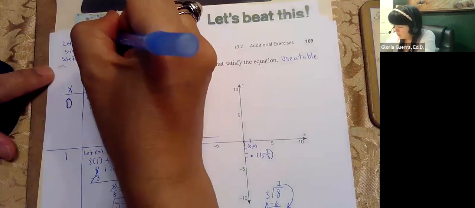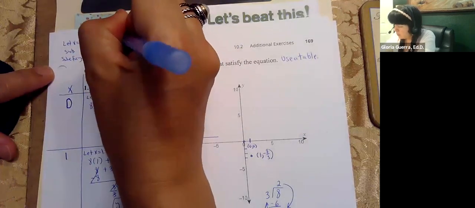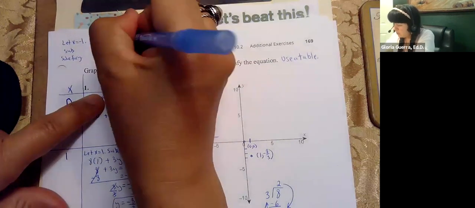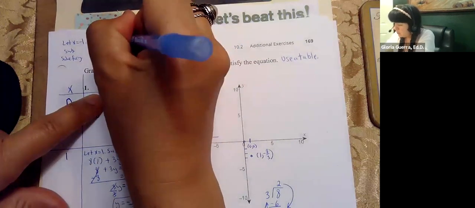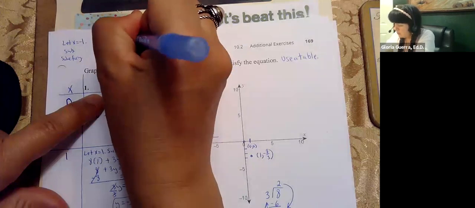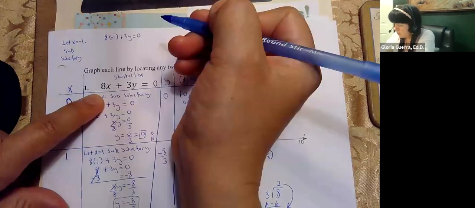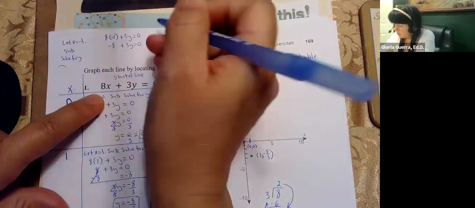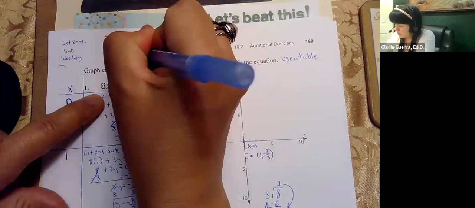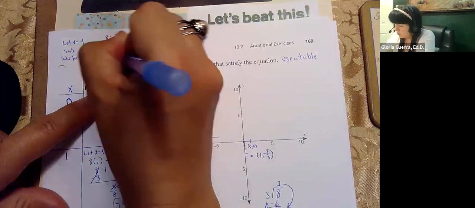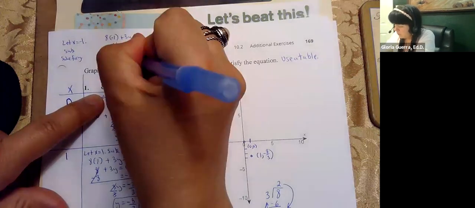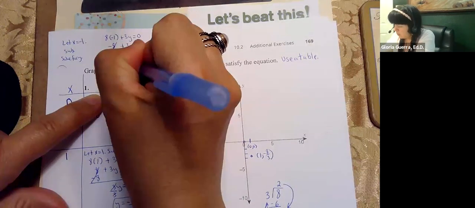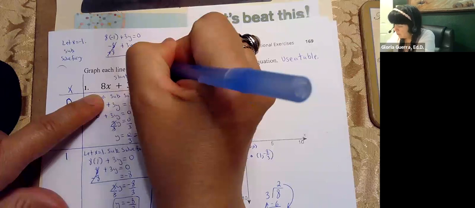Then you're going to sub and solve for y. So you have 8 times -1 plus 3y equals 0. That's going to be -8 plus 3y equals 0. So you add 8 to both sides. This falls out. 3y equals 8. And then you divide by 3, so y equals 8/3.